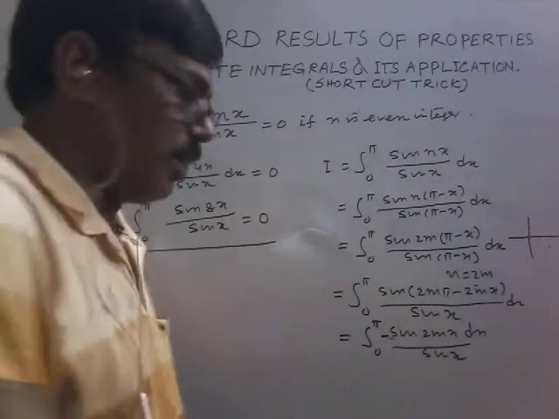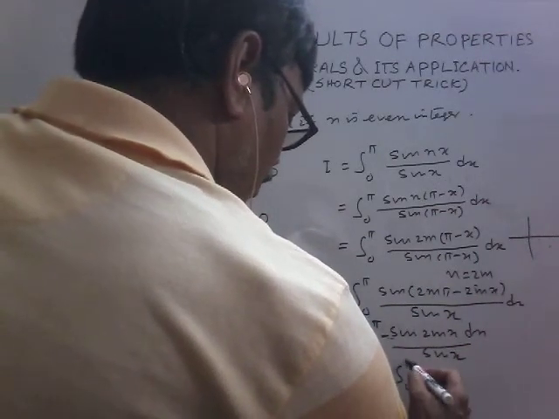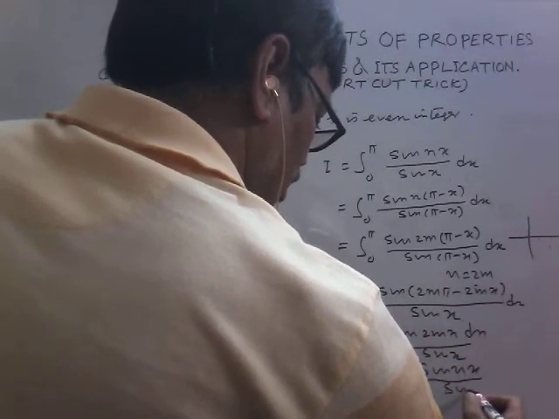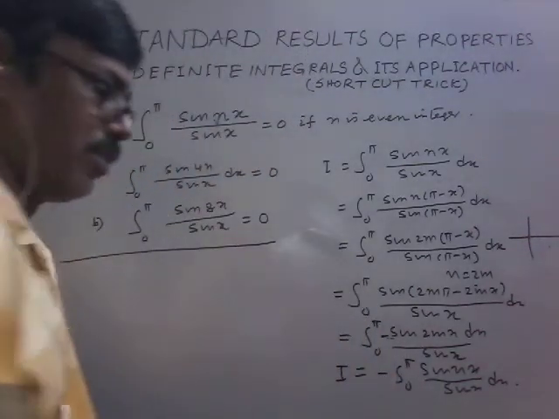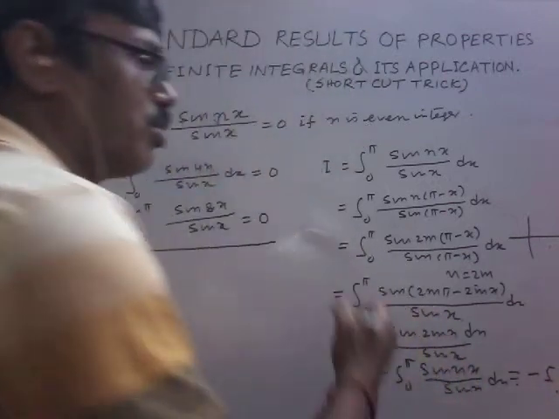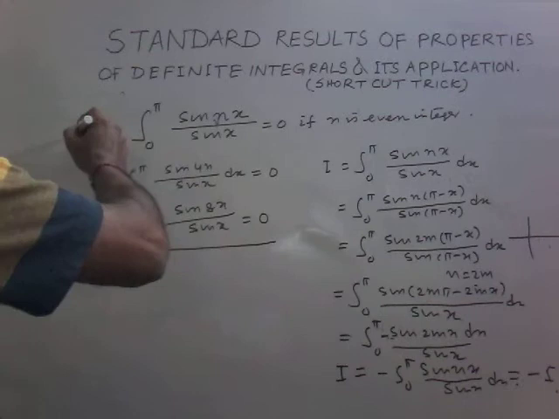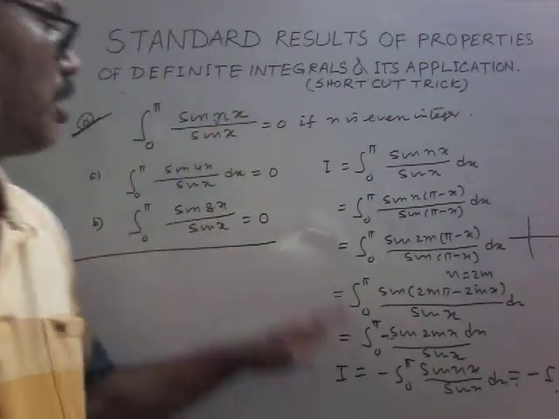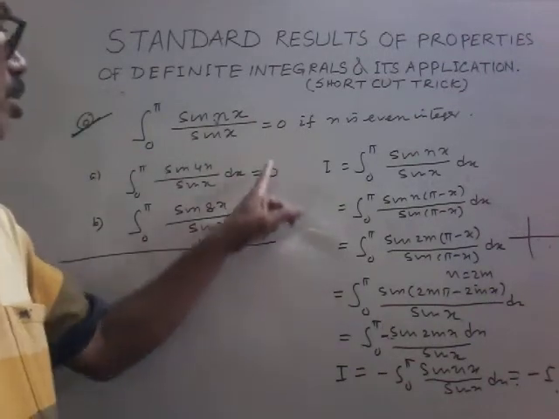Now this is minus integral 0 to pi sin nx by sin x dx. So look, this is I and this is again minus I. So 2I equals 0. So if you remember this result, you can directly write that.